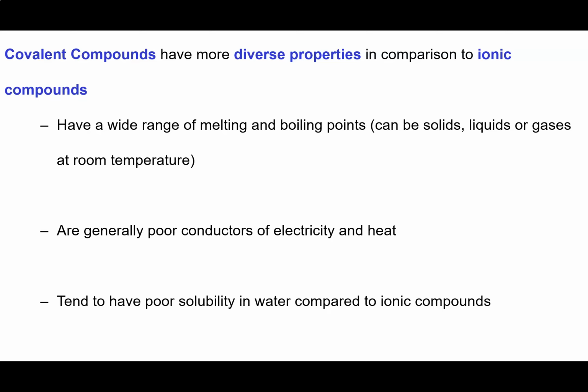And in general, covalent compounds have worse solubility in water compared to ionic compounds. So we always talk about salt water, and if you remember, salt is another name for an ionic compound. Salt water is water that contains a large number of ionic compounds. Again, there are exceptions to this rule, but this is kind of the general trend.